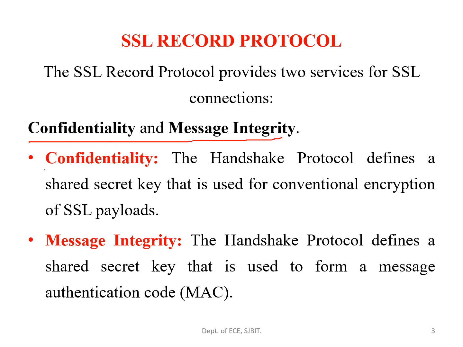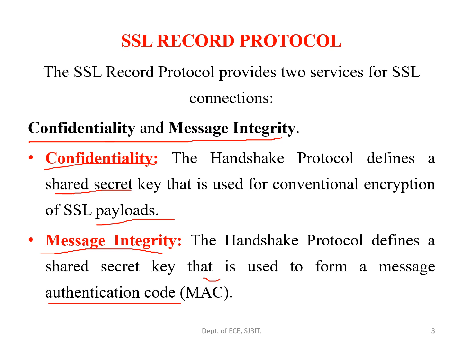Concerning confidentiality, the handshake protocol defines a shared secret key that is used for conventional encryption of the data. Next, message integrity. The handshake protocol defines a shared secret key that is used to form a message authentication code. You can call it MAC.